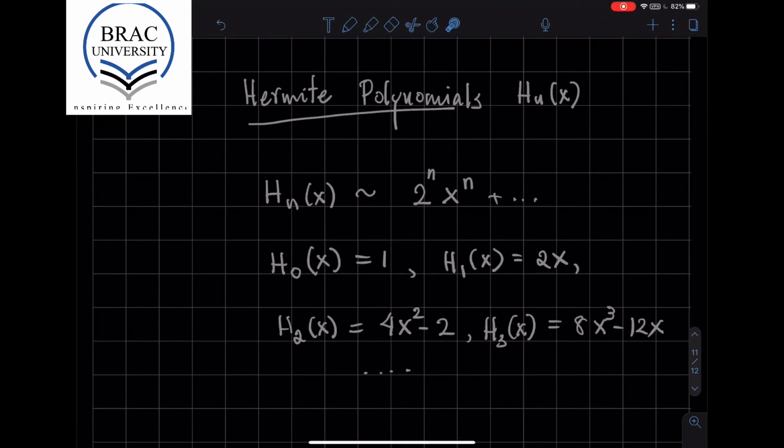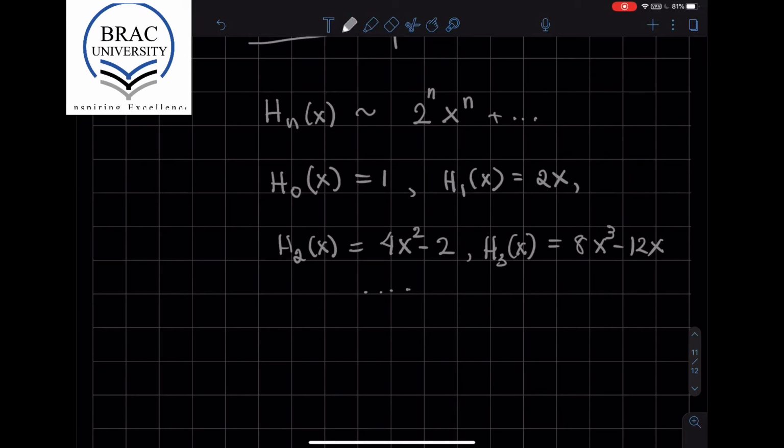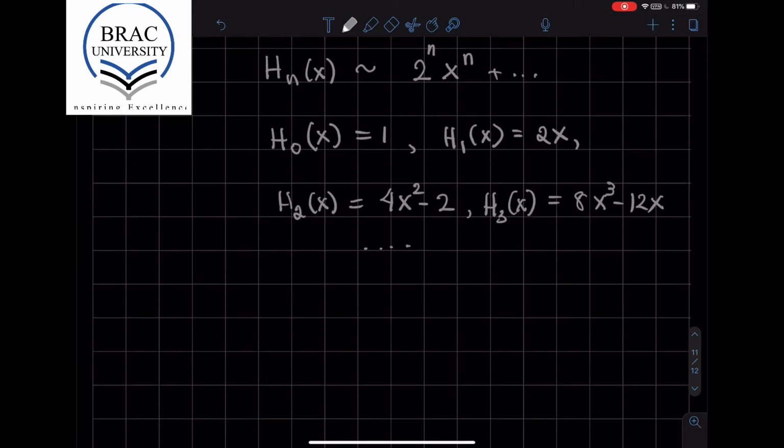Then the wave function of our system is going to be given by, for the nth energy level, some normalization constant we are going to call Cn, and then the Hermite polynomial Hn of x.